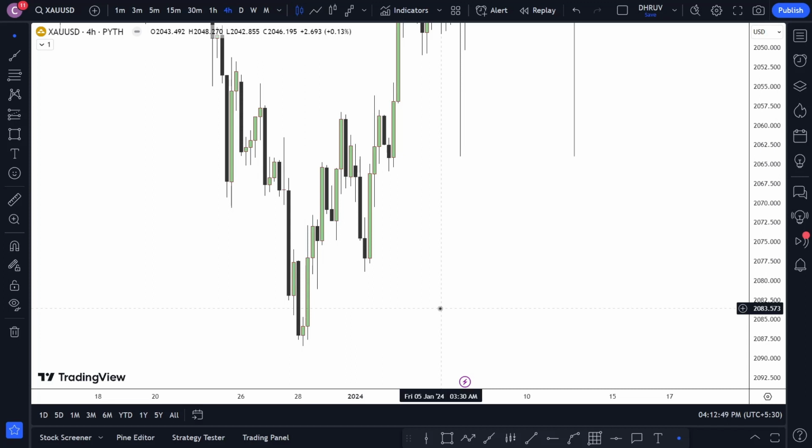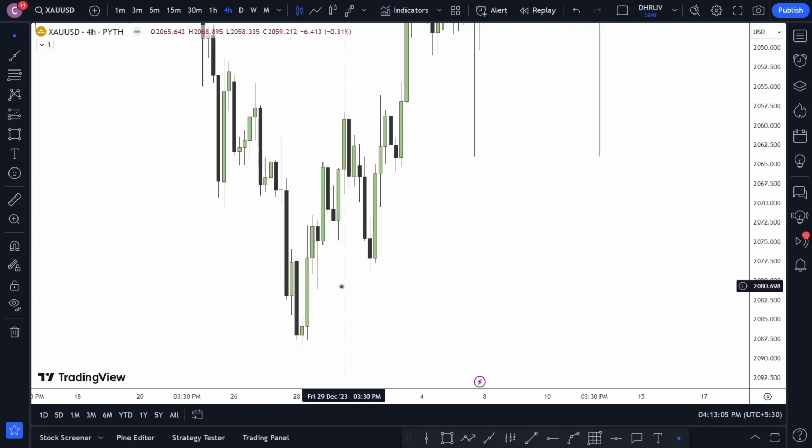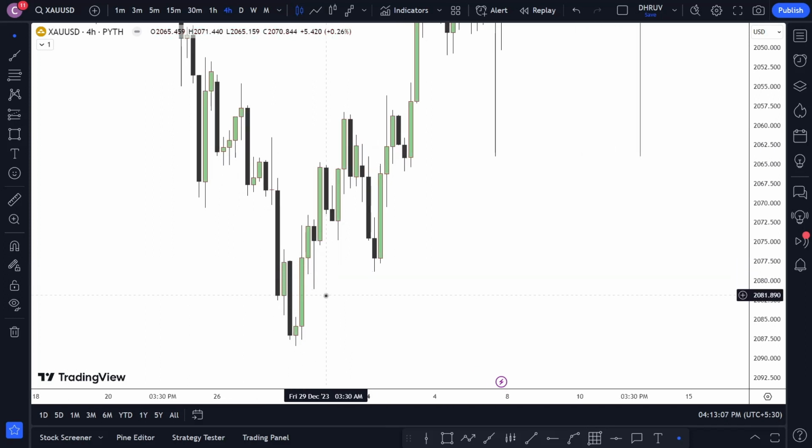So what does it signify? It tells us that a breakout has happened when we form an engulfing buy or sell, and that there is some sort of reversal happening.